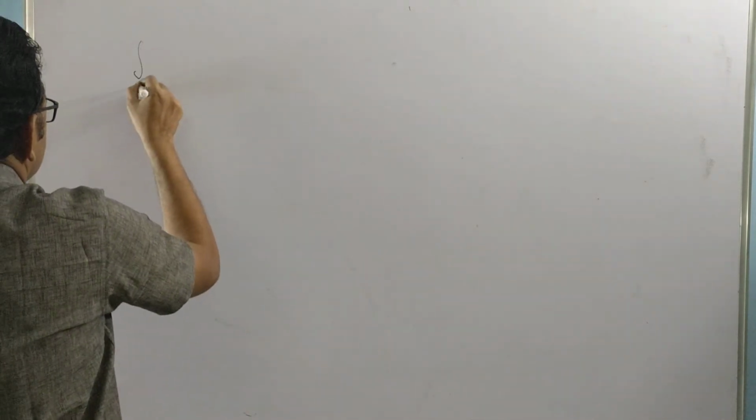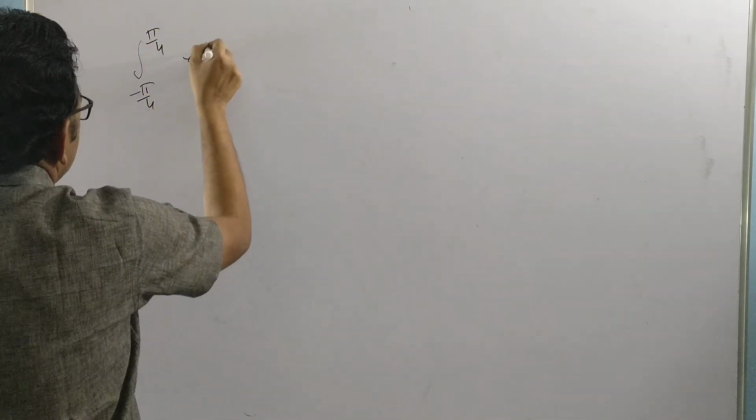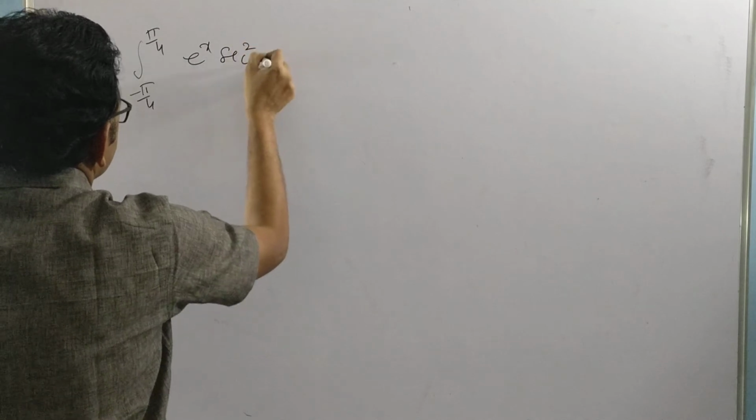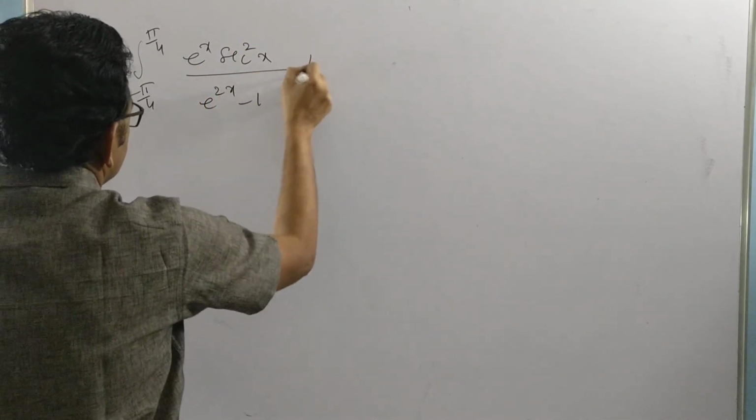Next one, the integral from minus pi by 4 to pi by 4 of e power x into secant square x by e power 2x minus 1 dx.